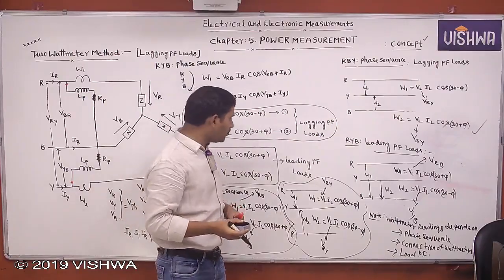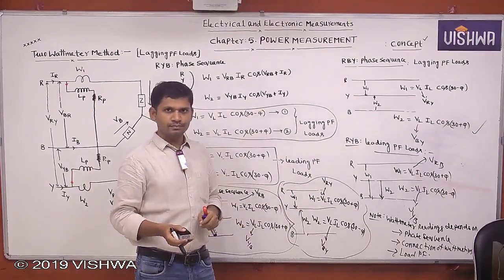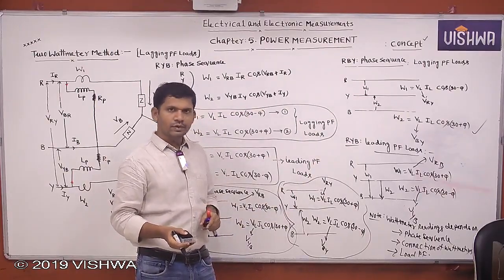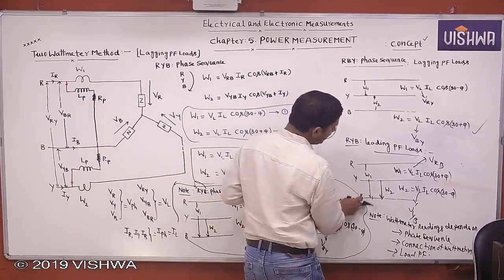This is R and Y, this is B and Y. Clear? Then RY is leading forward. This is R and B, Y and B.